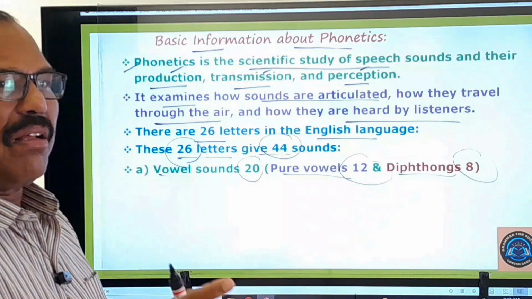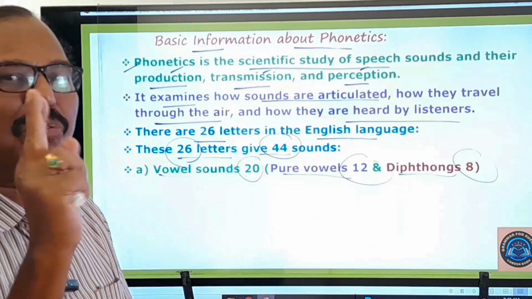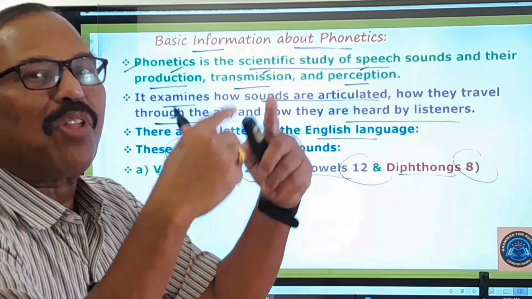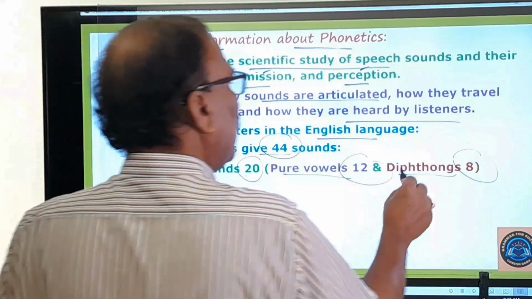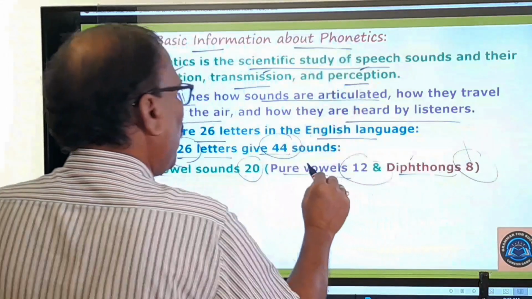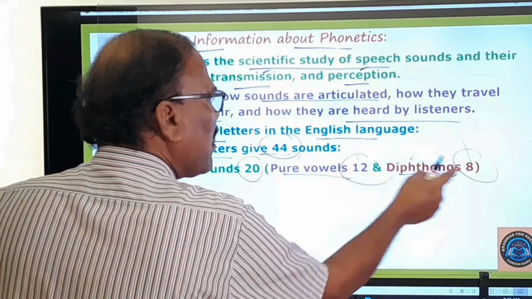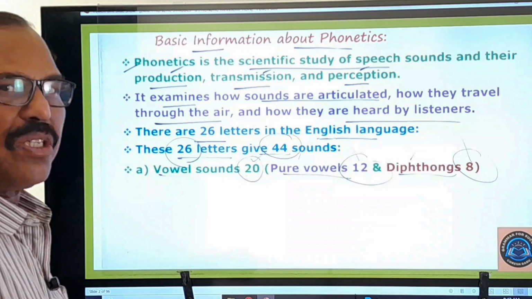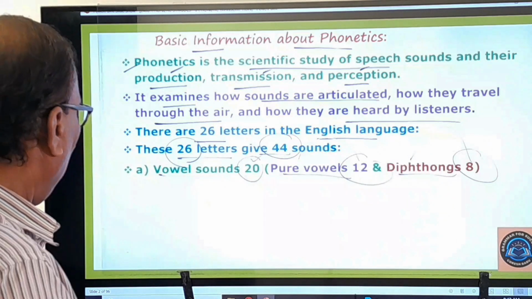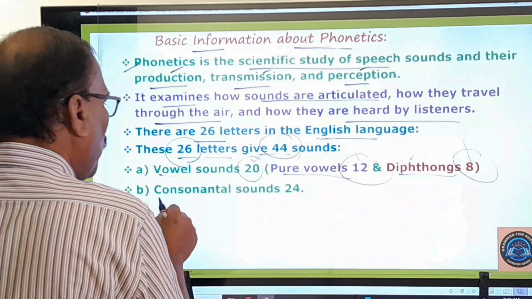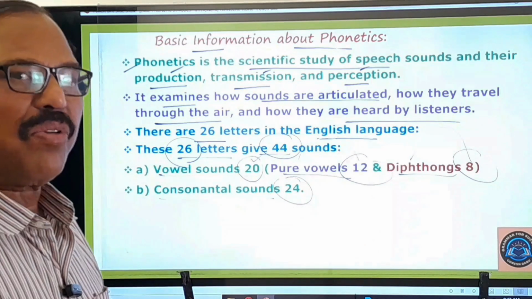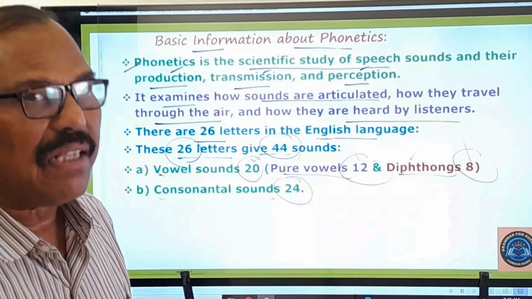Diphthongs are nothing but a combination of two vowel sounds. When two vowel sounds come together, diphthongs are formed. In that way, diphthongs are 8 in number and pure vowels are 12. Twelve plus 8, altogether vowel sounds are 20 in number. The next point is that consonantal sounds are 24. Don't say consonant sounds but consonantal.